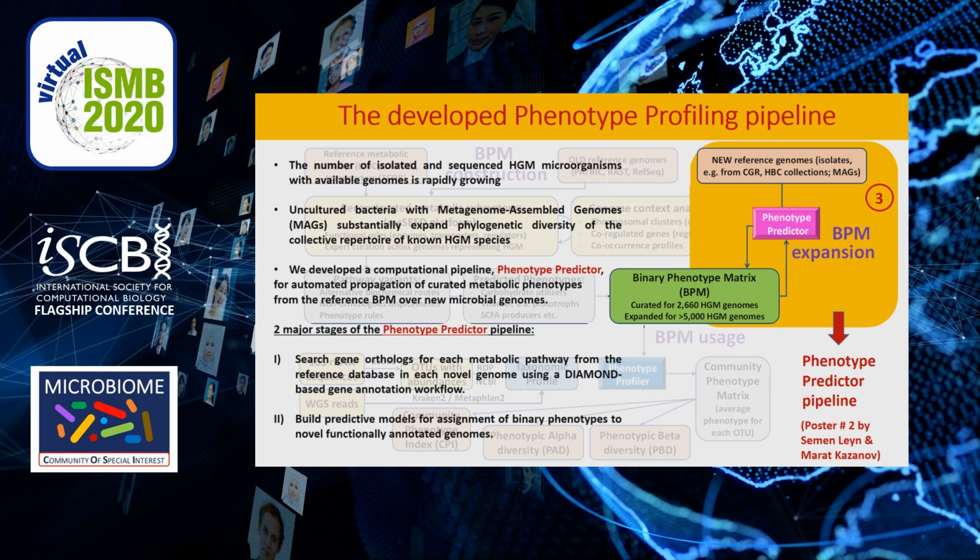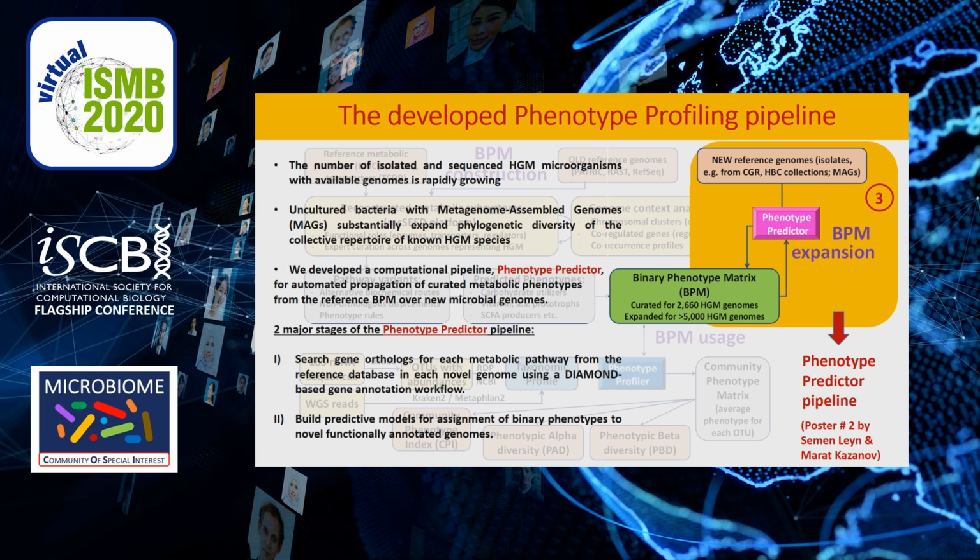Since the number of isolated sequenced human gut microorganisms with available genomes is rapidly growing, and uncultured bacteria with metagenome assembled genomes, MAGs, substantially expand the genetic diversity of these species, we developed a computational pipeline, Phenotype Predictor, for automated propagation of curated metabolic phenotypes from the reference BPM over the new microbial genomes.